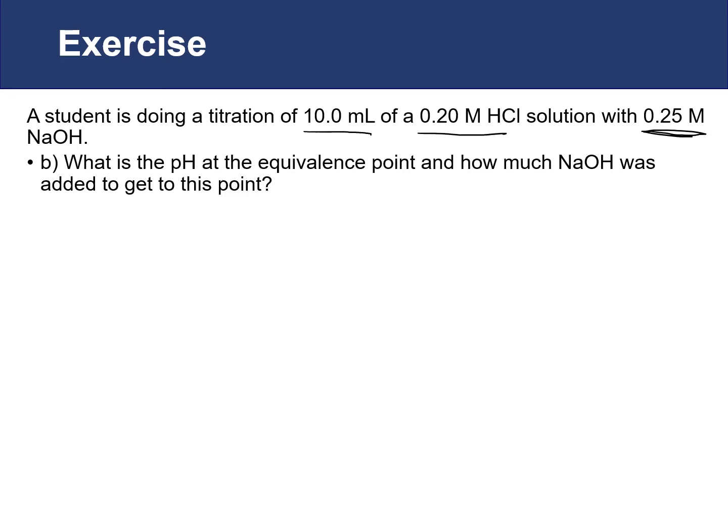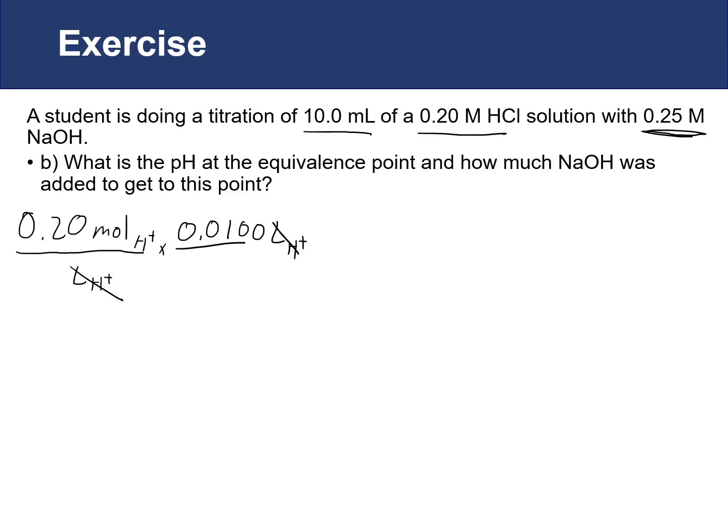So what we'll do is we'll use 0.20 moles of H+. We're writing H+ because it's a strong acid and it breaks apart completely. So this is per liter of H+. We have 10 mL, so 0.0100 liters of our acid solution. Our liters of acid solution cancel out.